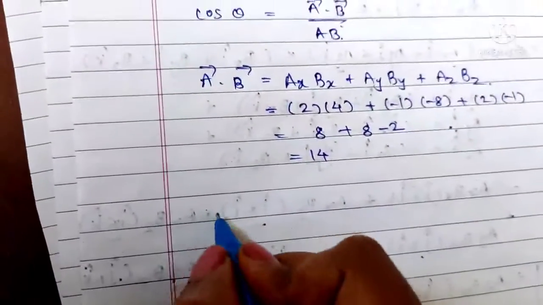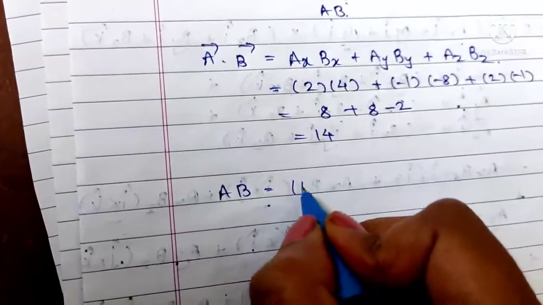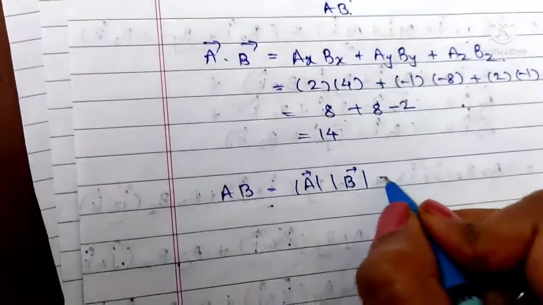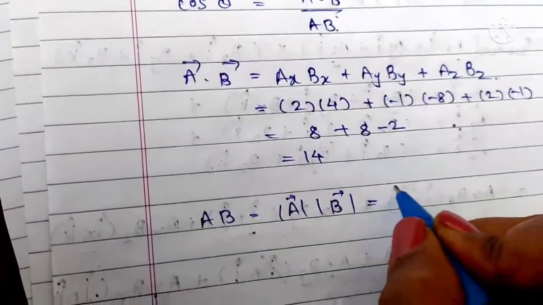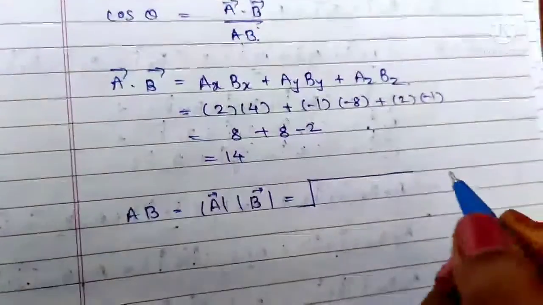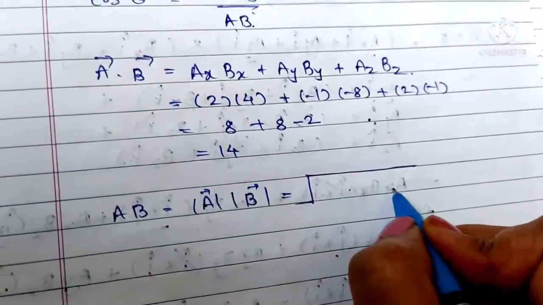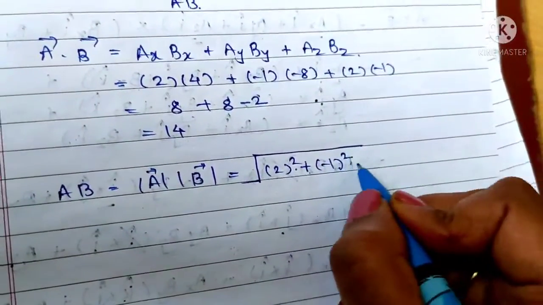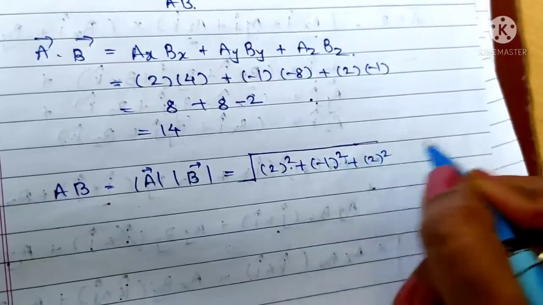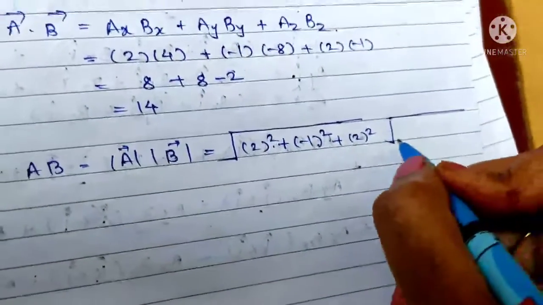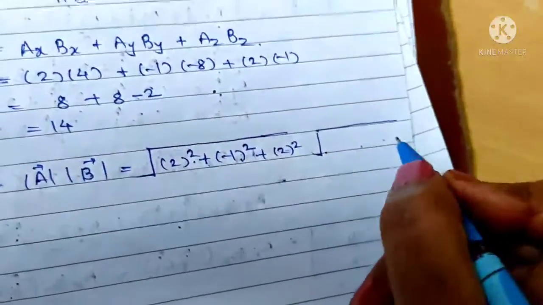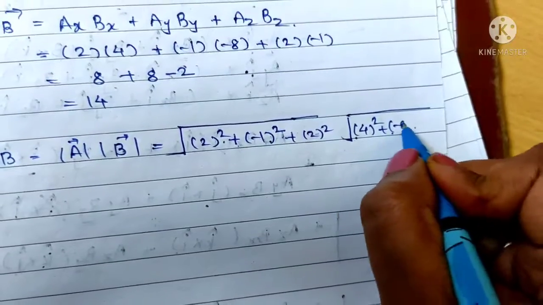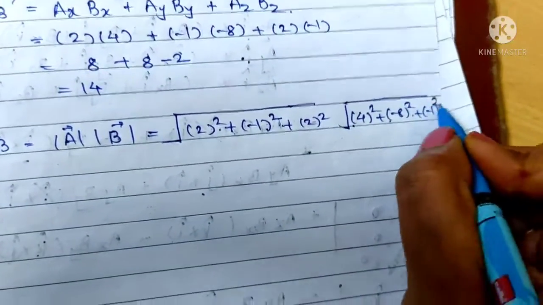Now AB, that means mod of a bar into mod of b bar, is equal to under root of ax square plus ay square plus az square, that means 2 square plus minus 1 square plus 2 square, into under root of bx square plus by square plus bz square, that means 4 square plus minus 8 square plus minus 1 square.